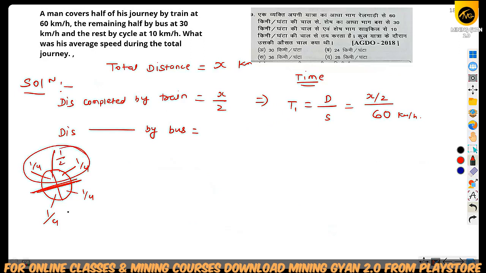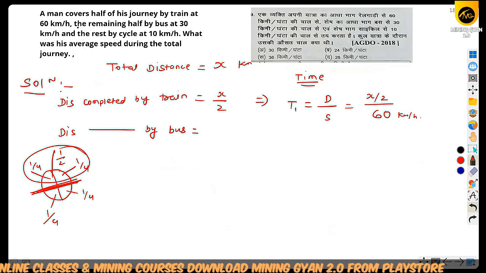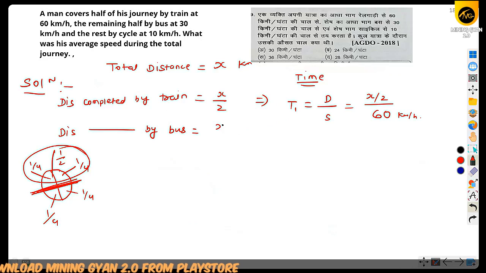The remaining portion is 1 divided by 2, and half of the remaining portion means 1 divided by 4. So in the question, the remaining half by bus means 1 divided by 4, so it will be x divided by 4. The remaining means 1 divided by 2 and remaining half means 1 divided by 4.